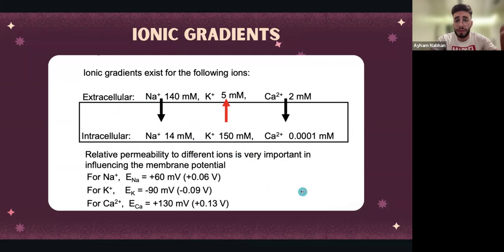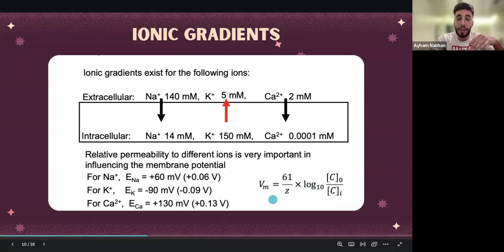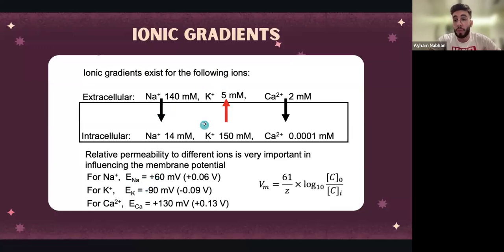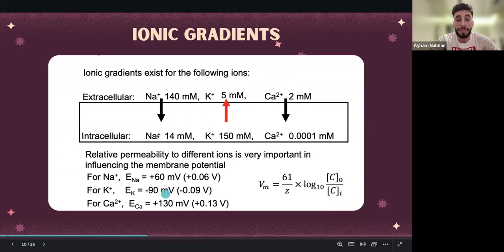You took it in foundation. You can see it over here. When you calculate it, you get +60 for sodium. So when the membrane is only permeable to sodium, the potential is going to be close to 60, maybe 65, 55, and so on. And so on for potassium and calcium. As you can see, here are the equilibrium potentials of each of them.